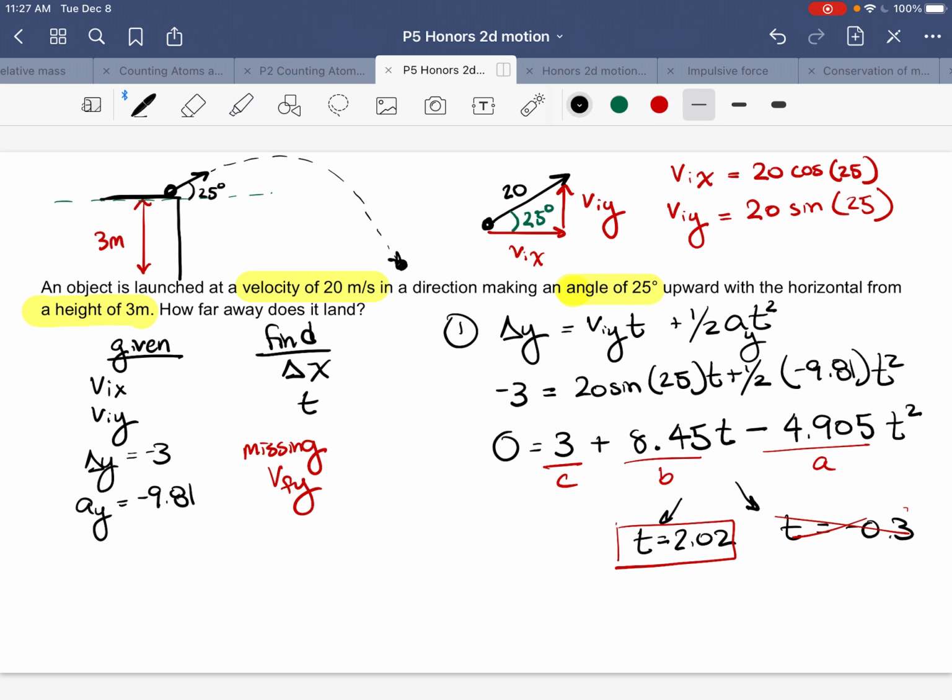So now that I have my time, I can take that, plug it back into my x direction.